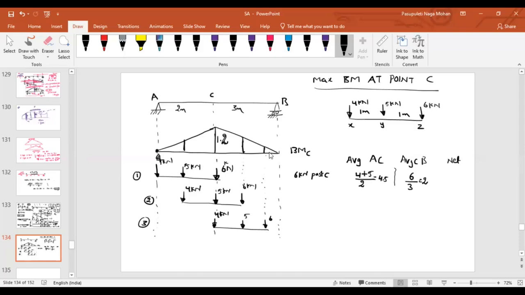Are they equal? No, not equal. What happens if 5 kilonewton passes? One load will be in AC, that is 4 by 2, which equals 2. And the average load on CB is 5 plus 6, 11, so 11 by 3. How much will it be?